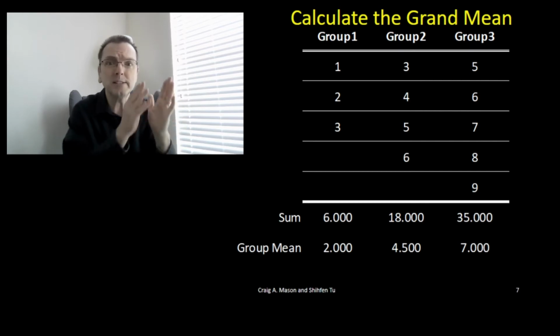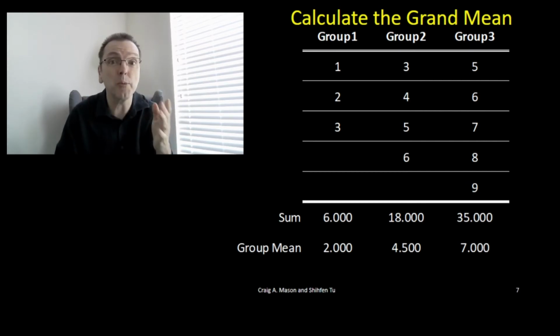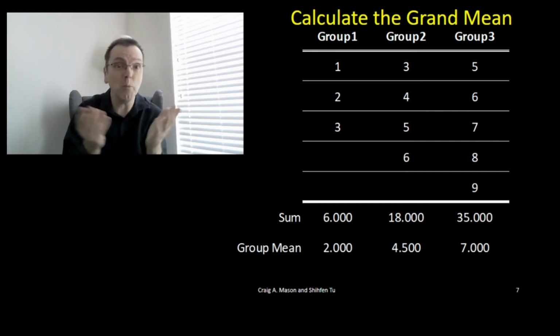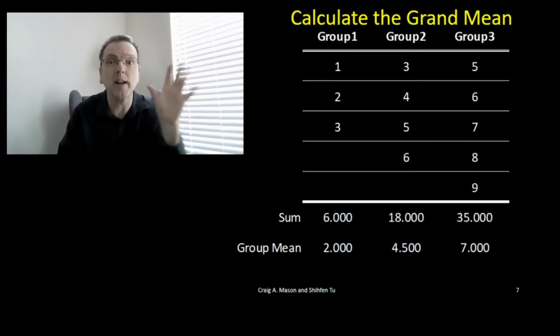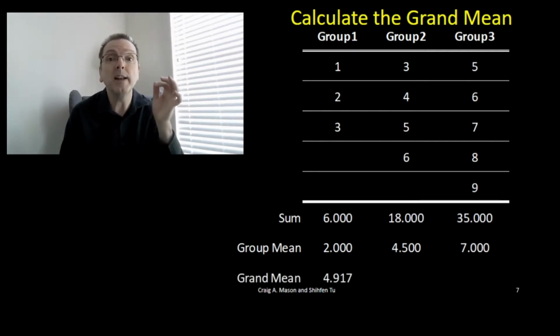And don't just take the average of those 3 group means. It won't work. Look at all the 12 raw scores, add them up, calculate the mean. Now, doing that, we find that the grand mean across all 12 scores in this case is 4.917. All right?